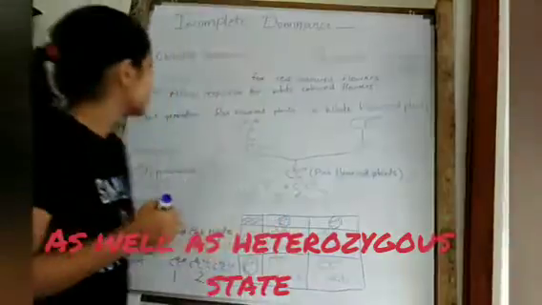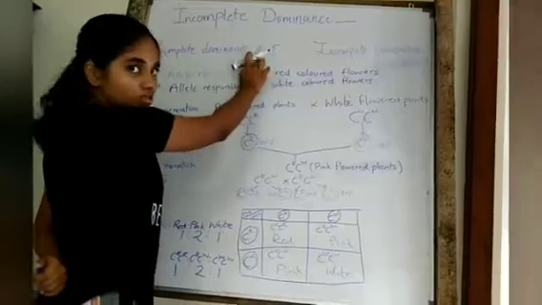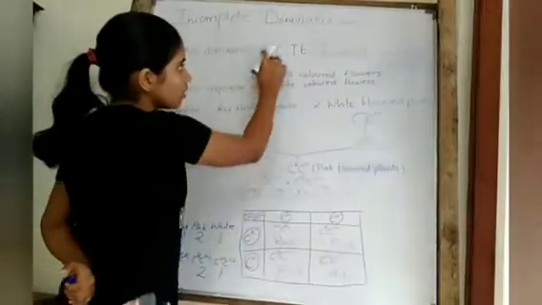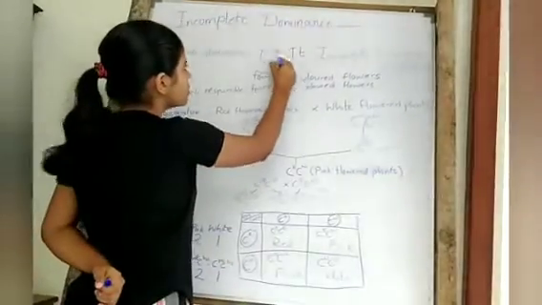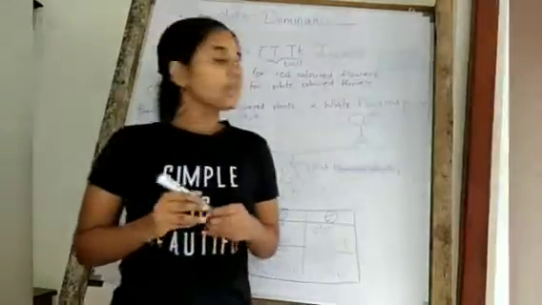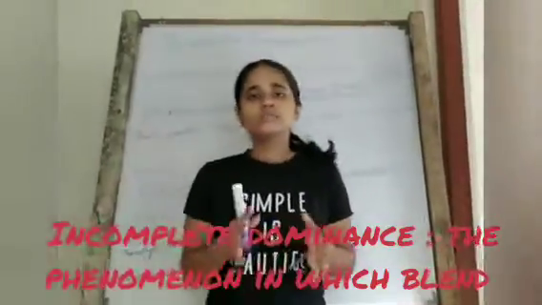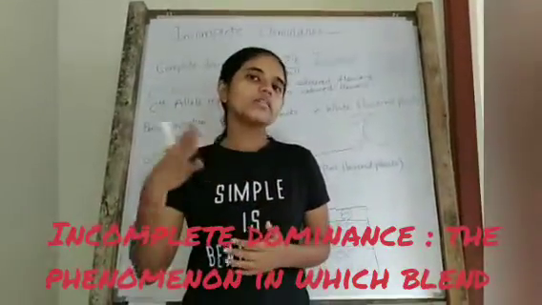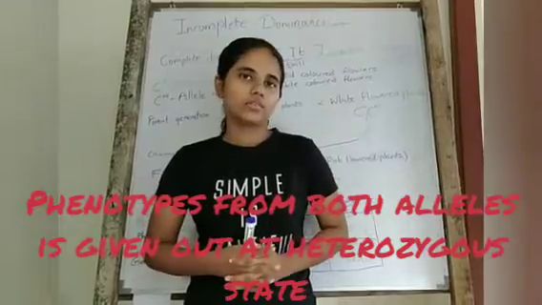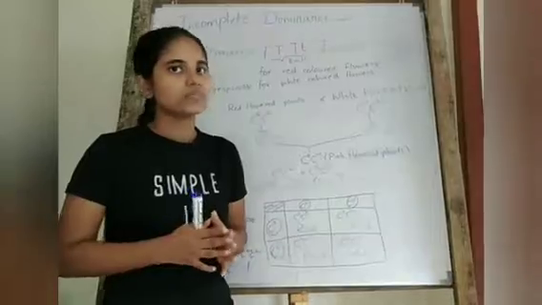Both of these genotypes give out the same phenotype. And what is meant by incomplete dominance? Incomplete dominance is the phenomenon in which a blended phenotype is given out from both alleles at heterozygous state. Let's look at an example to get a good understanding of this.